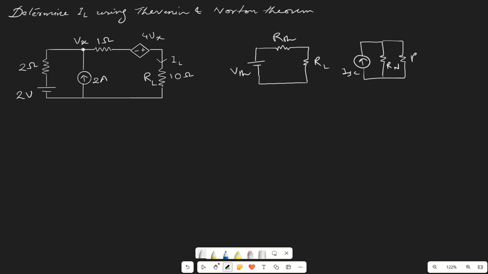So we have to convert this circuit into this format and this format. So first let us determine VTH.